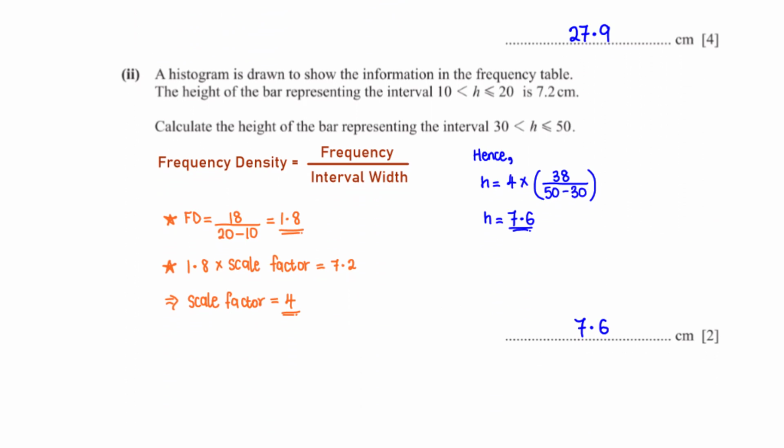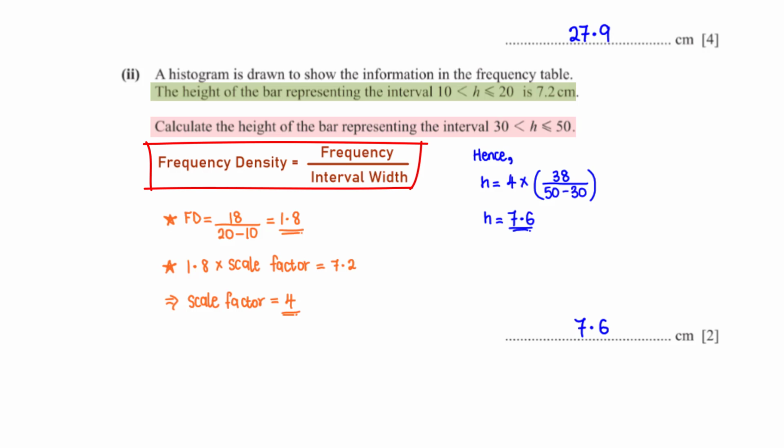A histogram is drawn to show the information in the frequency table. The height of the bar representing the interval h is greater than 10 and less than or equal to 20 is 7.2 centimeters. Calculate the height of the bar representing the interval h is greater than 30 and less than or equal to 50.